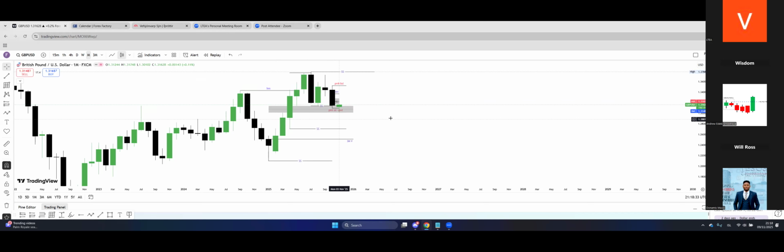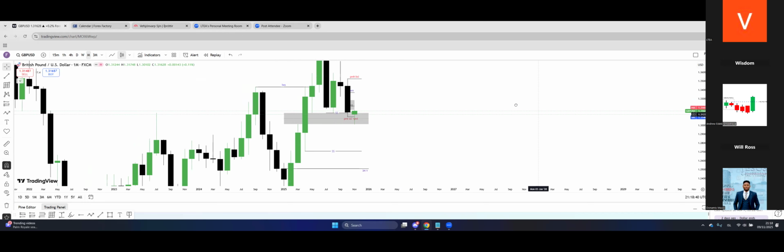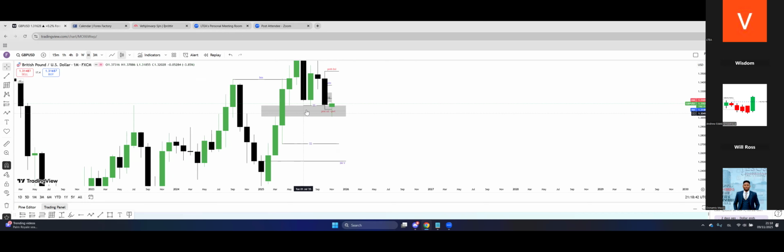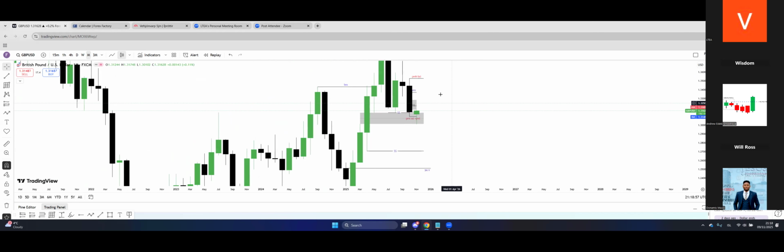But what if price doesn't want to respect it, and comes down? You can see this same 3-month inefficiency is also a monthly time frame inefficiency. So we have two higher time frames aligning at the same point as inefficiency, which is a very strong inefficiency.